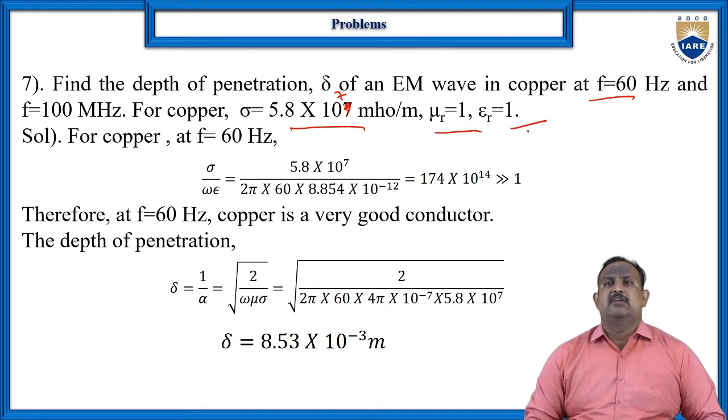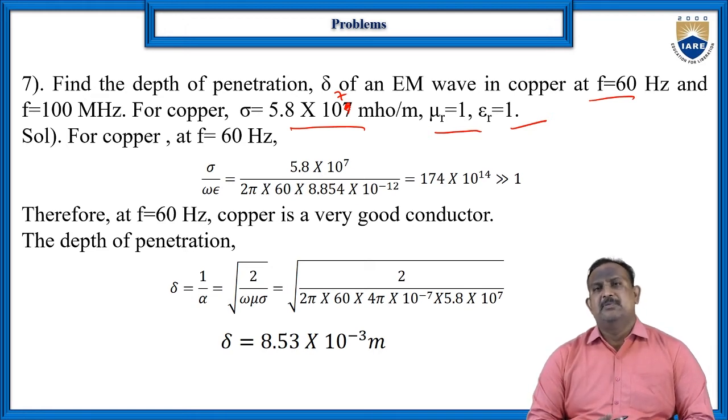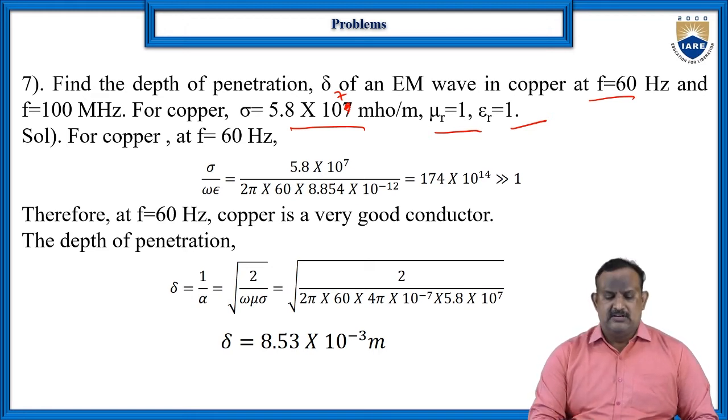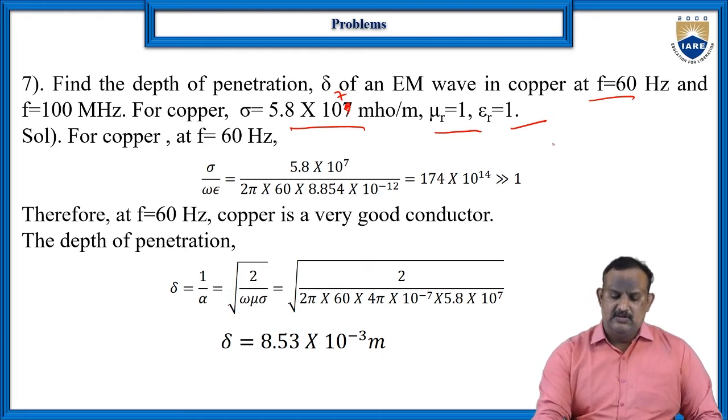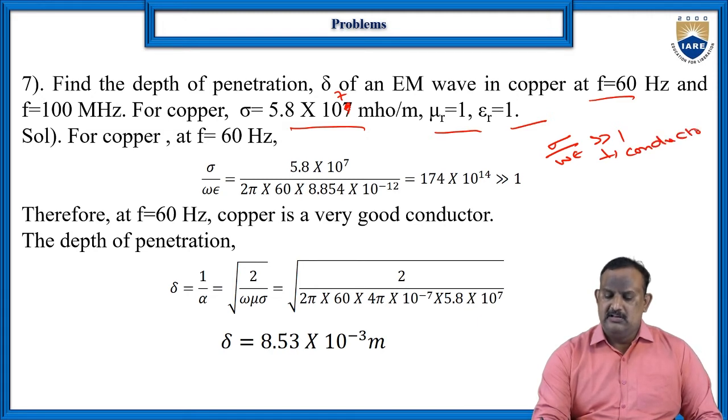Before finding the depth of penetration, we will find the dissipation factor. The dissipation factor is nothing but sigma by omega epsilon. If sigma by omega epsilon is much greater than 1, then we can call the material a conductor.